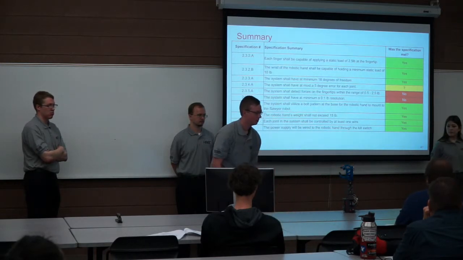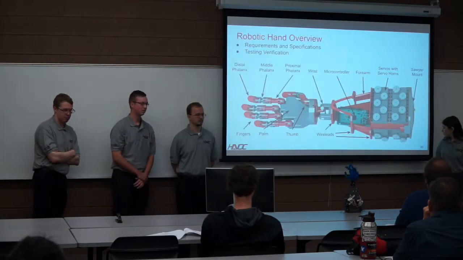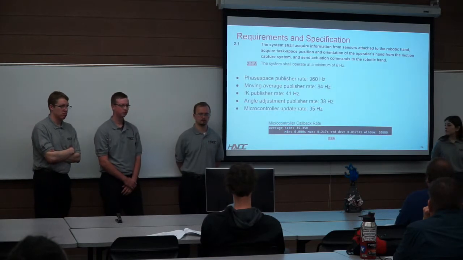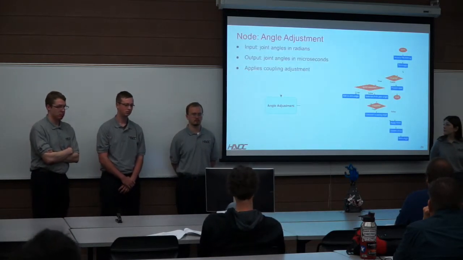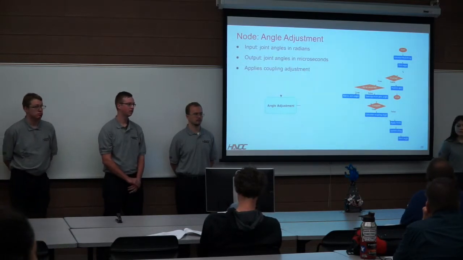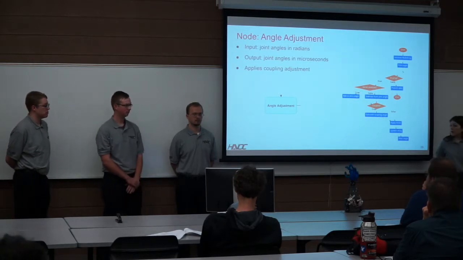If you could go to slide 24. You mentioned coupling in some of the joints. I'm not sure you explained exactly what that was, or I missed it. Could you clarify what you mean by that?